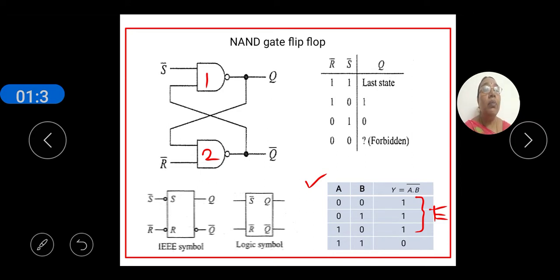When both the inputs are 1, the output is 0, we say that the NAND gate is disabled. So, when the NAND gate's inputs are both 1, that gate is disabled. When any one of the inputs is 0 or both the inputs are 0, that NAND gate is enabled.